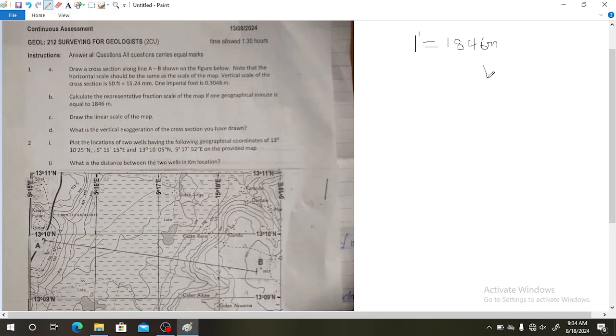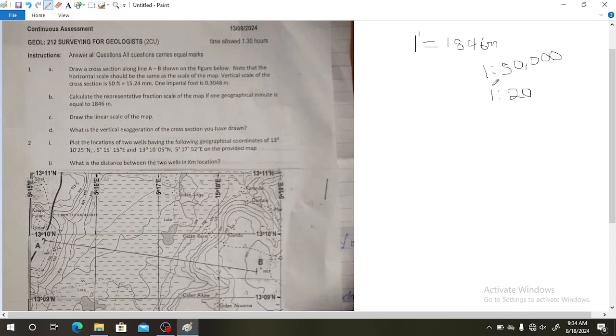And what is the fractional scale? Fractional scale is maybe 1 is to 50,000. I'm not saying this is the scale of the map, though. I want us to know what the fractional scale is all about. Or 1 is to maybe say 20,000.